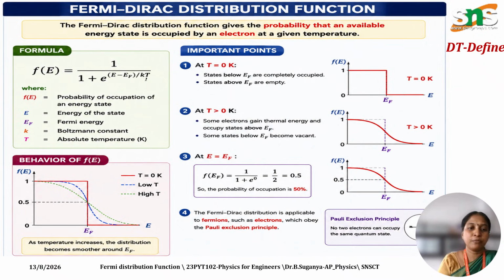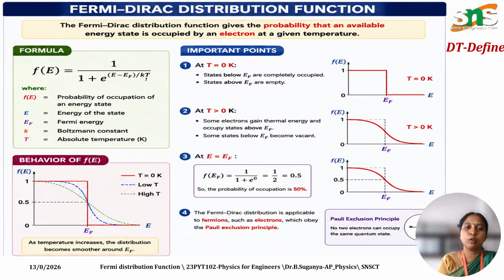The behavior of f(E), the function of energy, is given in the graph. It is flat, then it is decreasing. Here T is equal to 0 Kelvin, denoted by the blue dotted lines, and high temperature is denoted by the green dotted lines. What are the important points in this graph?